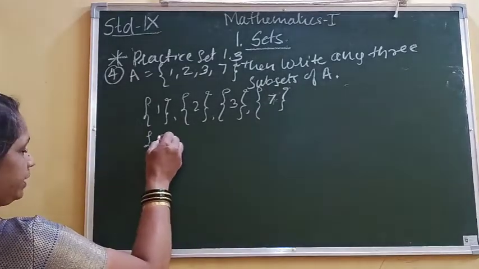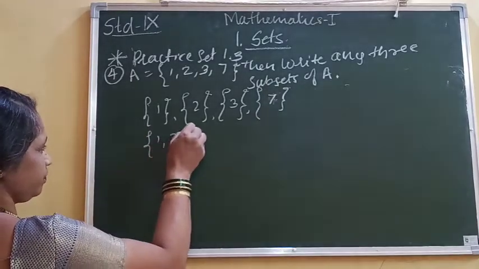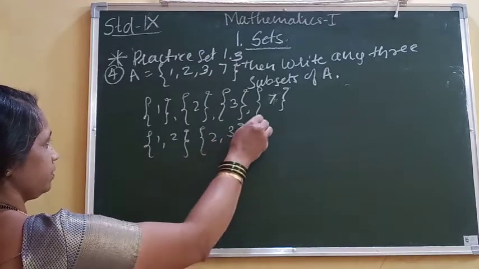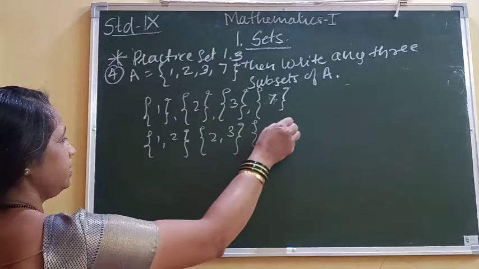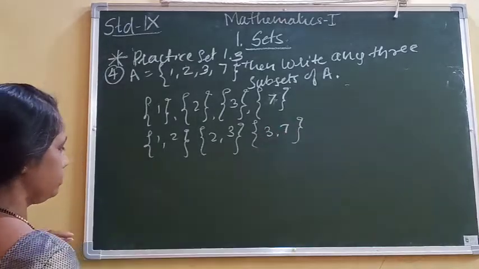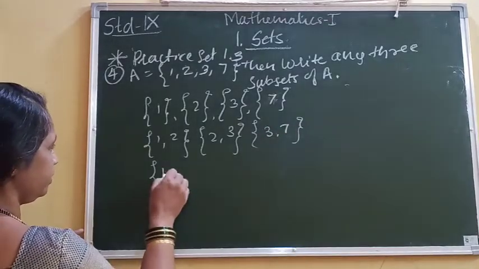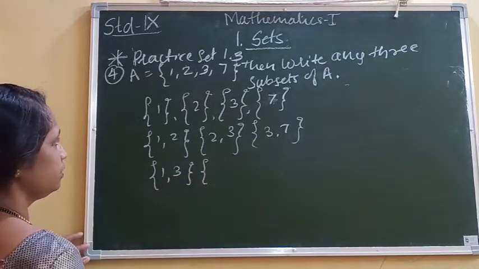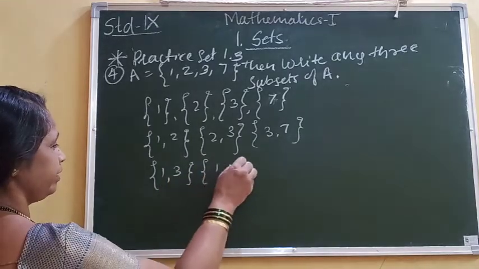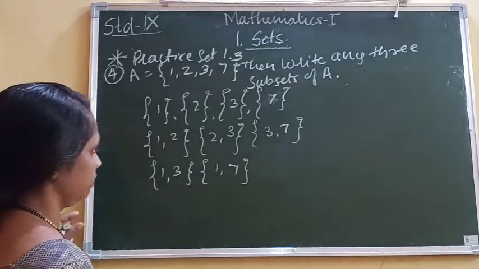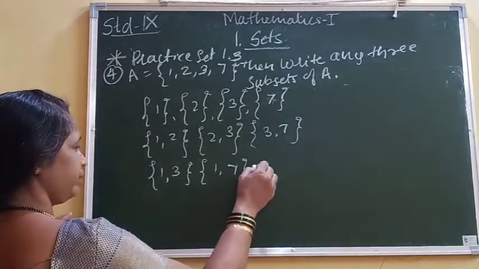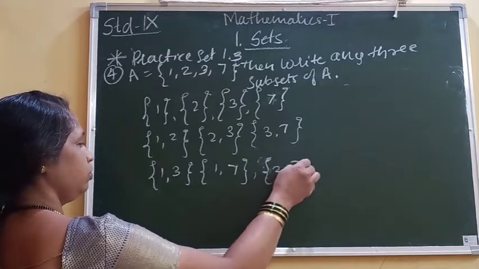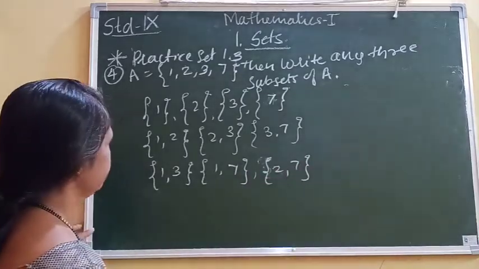Okay, now 2 numbers we will take. Means {1, 2}, {2, 3} and {3, 7}. Now again what can we take? {1, 3} and {1, 7} and which remain? {2, 7}.